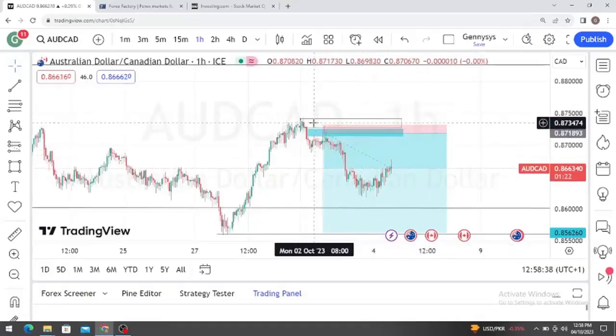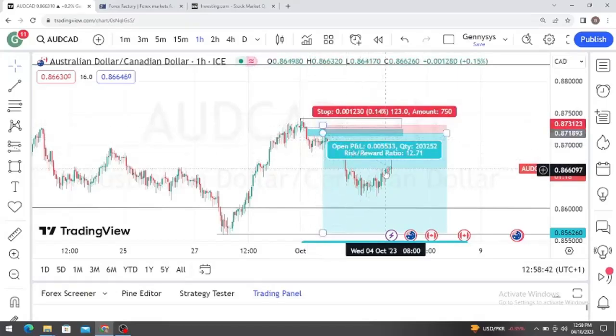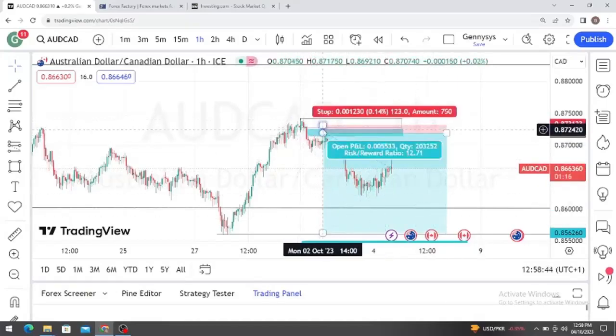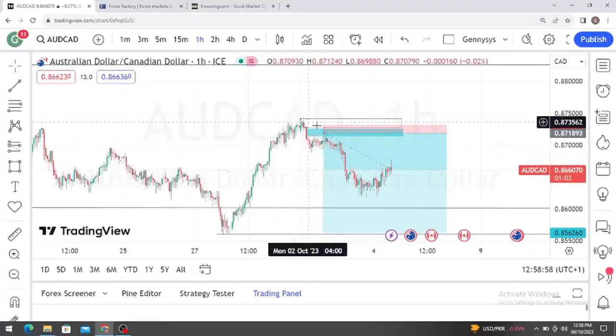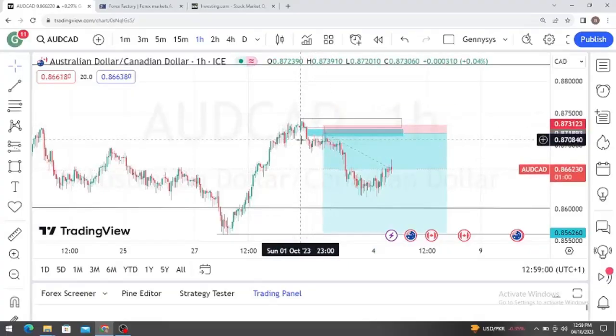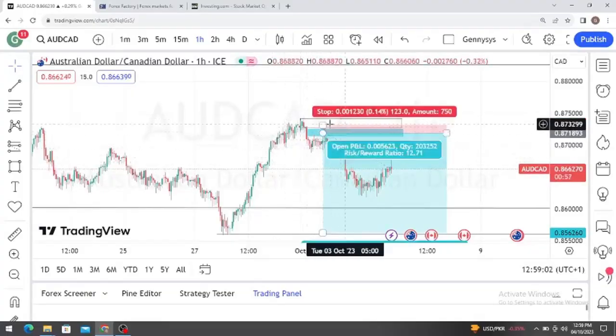If we had seen this on time, we would have been in 2 entries, one on this mitigation and another on this imbalance. Ordinarily, I would say there are 2 opportunities, one is the imbalance, one is the liquidity sweep, so I want to risk $10 on this opportunity.